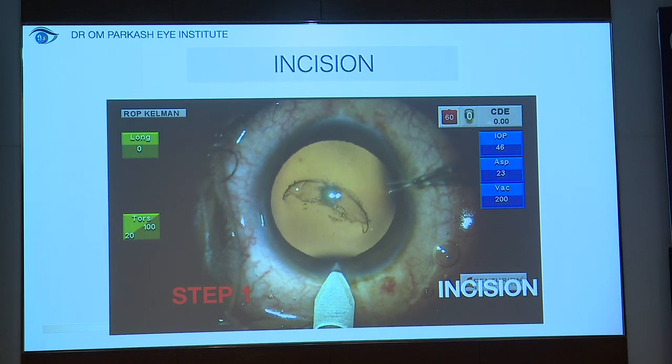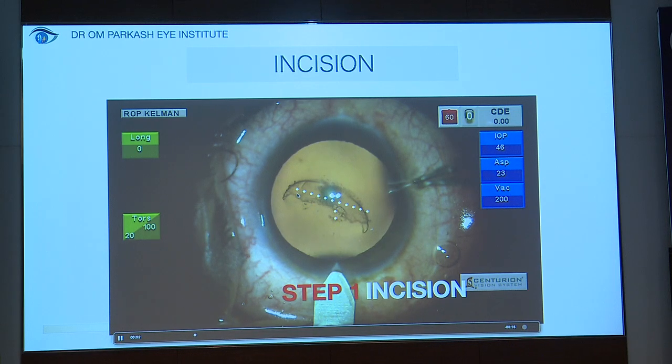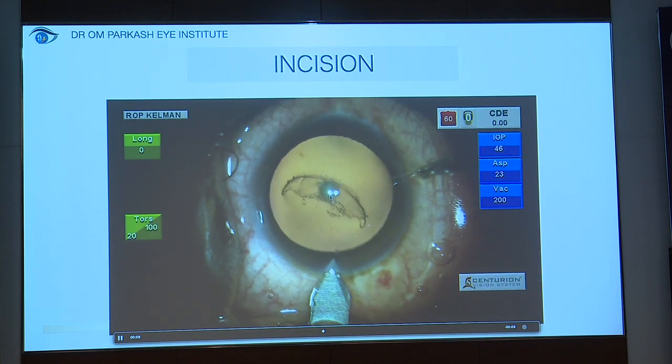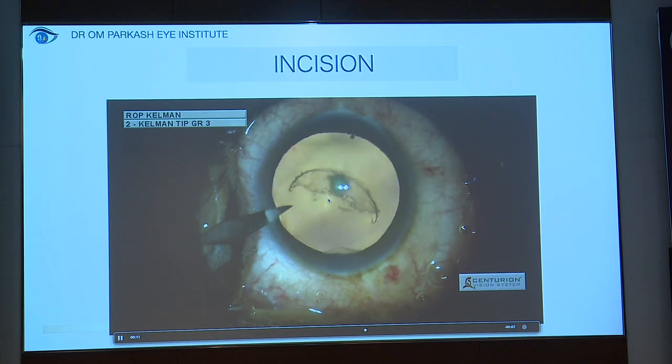So this is a posterior polar cataract wherein you will find that there is a pre-existing defect. Now the first thing is the site of incision is very important. By any means, this site of incision should not be parallel to it. So there has to be an angle to it.